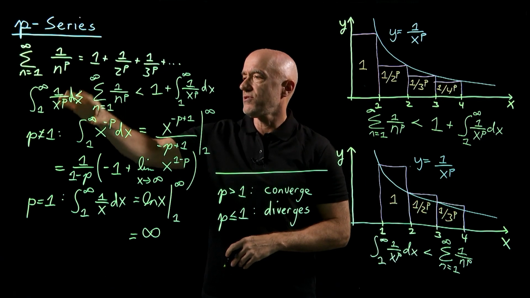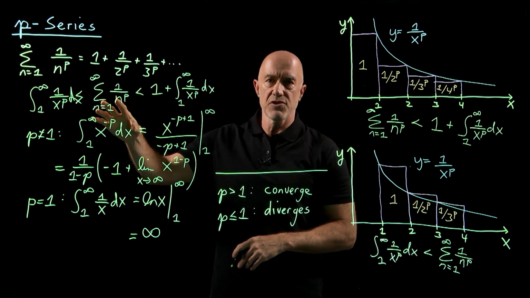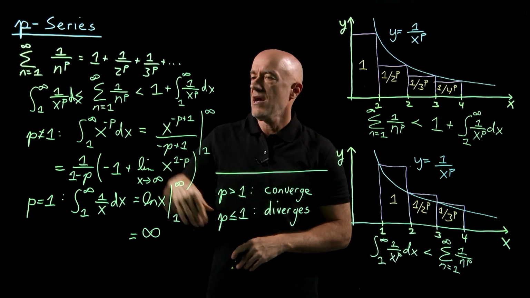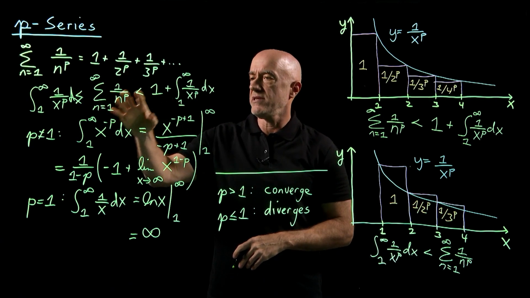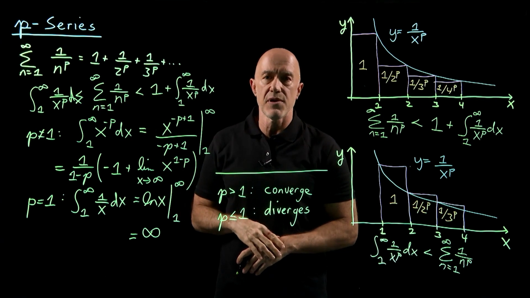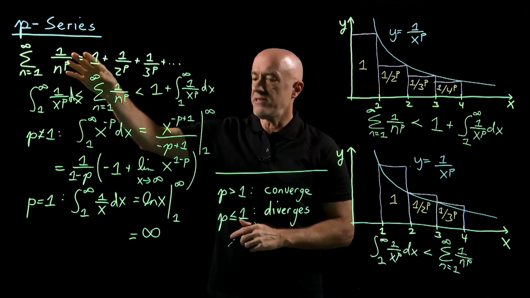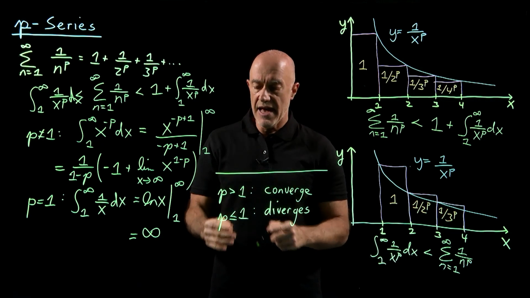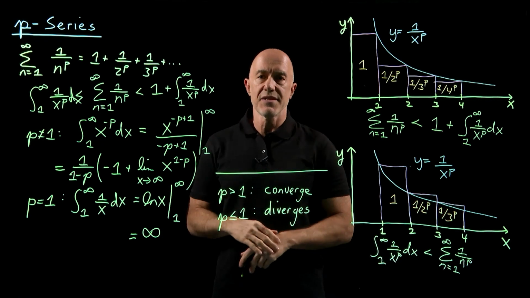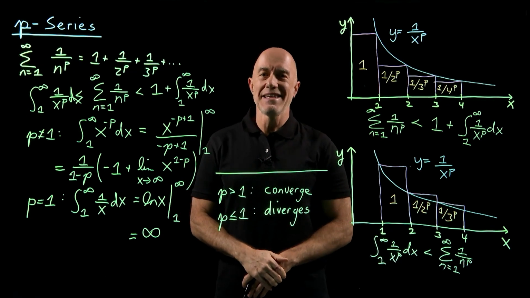So if the integral diverges, then the p-series is larger than that integral, so must also diverge. On the other hand, if the integral converges, then the p-series is less than that finite number and must also converge. So the p-series then converges if p is larger than 1, and it diverges if p is less than or equal to 1. A little bit complicated.